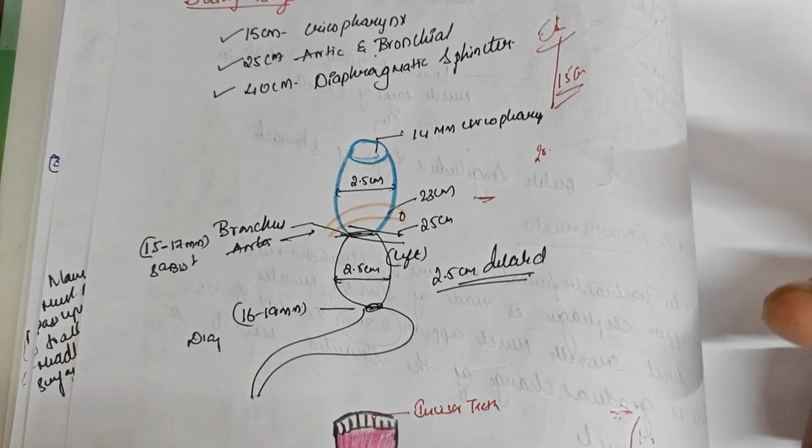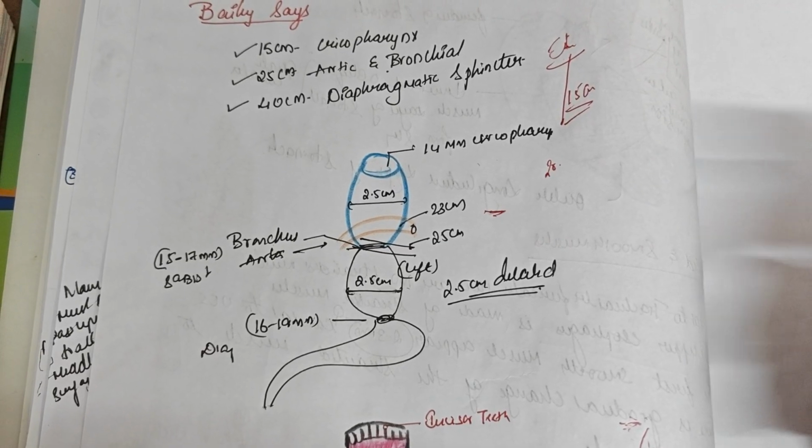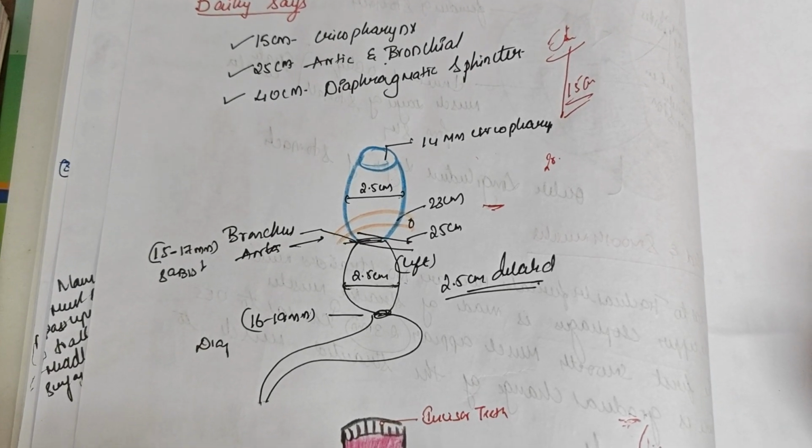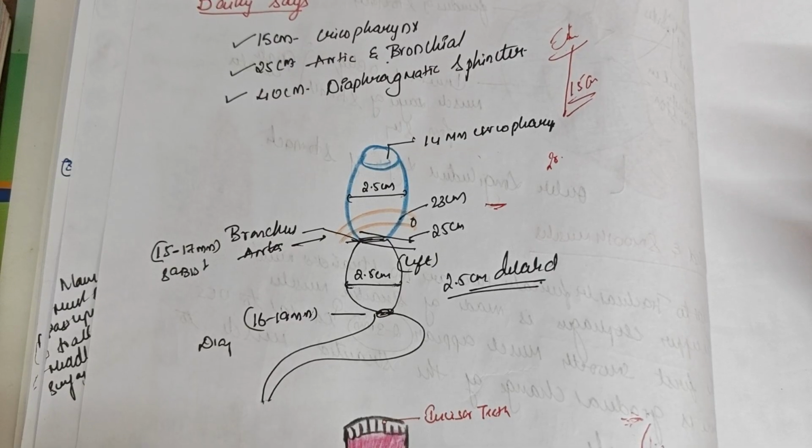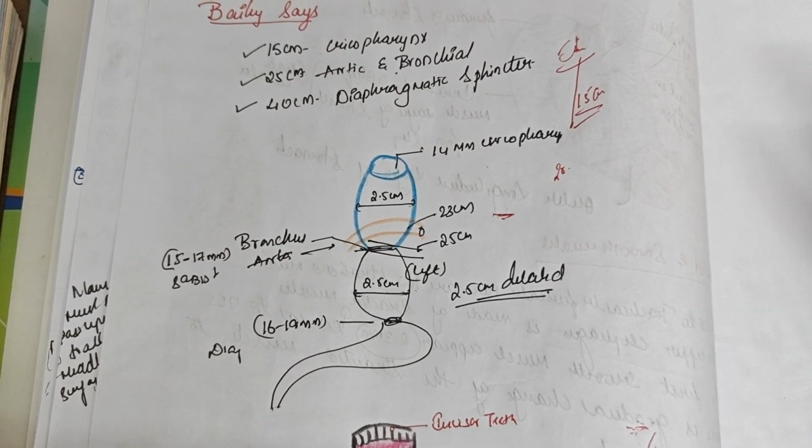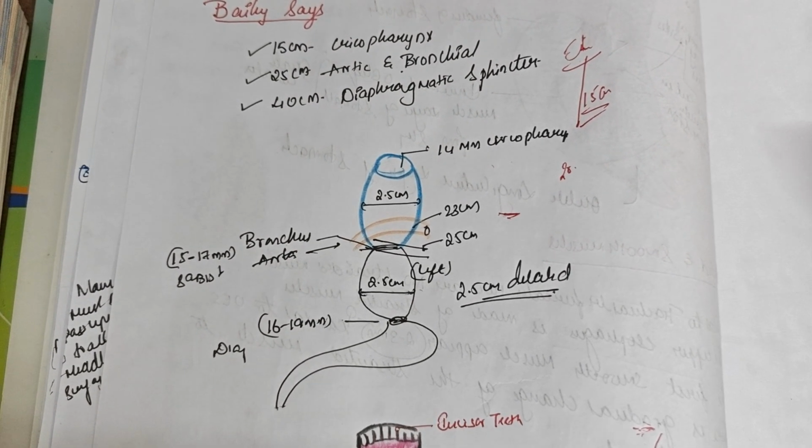And the diaphragmatic constriction is at 40 centimeters. So it's easy to remember: 15, 25 and 40. That's all you need to understand in this session.